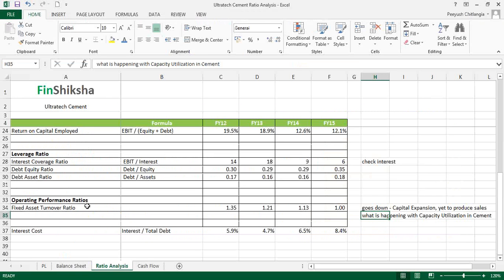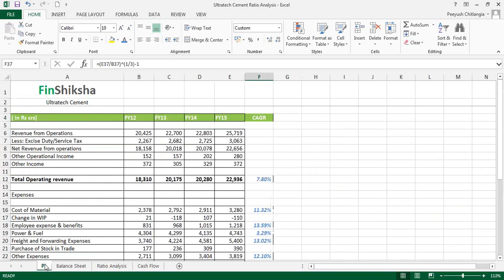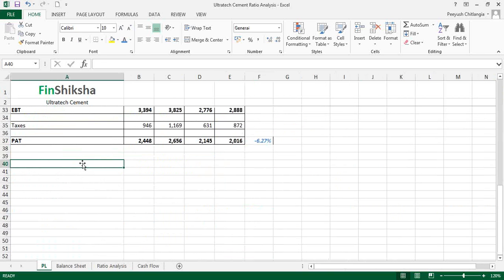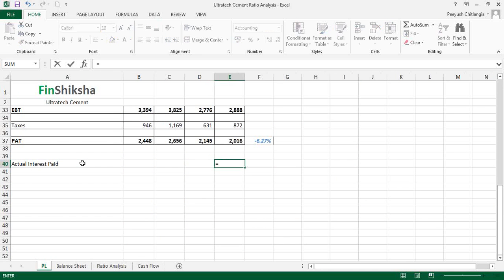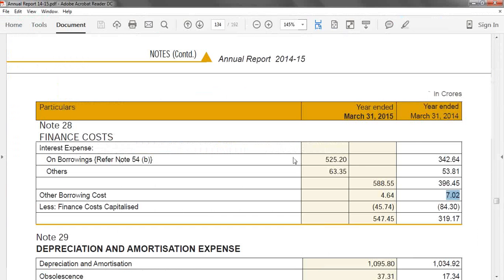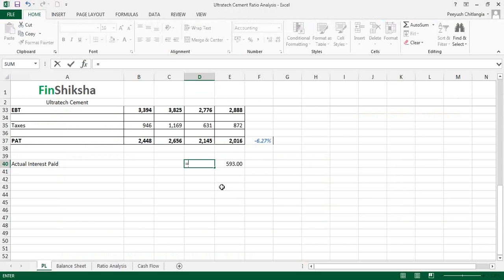So somewhere in our sheet, if we want, we can put in the P&L itself, actual interest paid, and for the last year this was, for example, 588 plus 5, and for the year before that it was 396 plus 7.